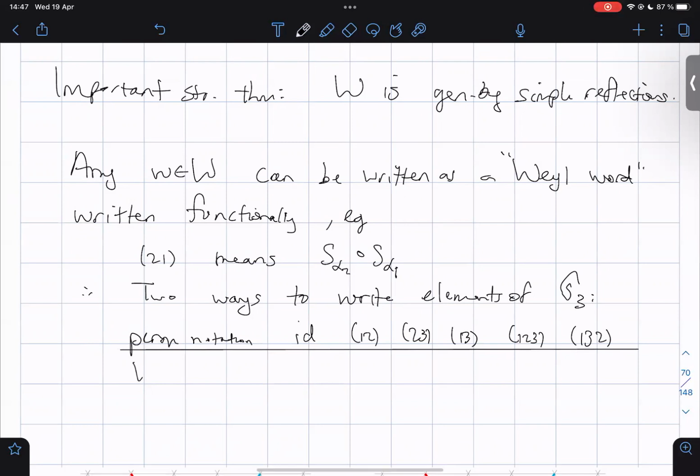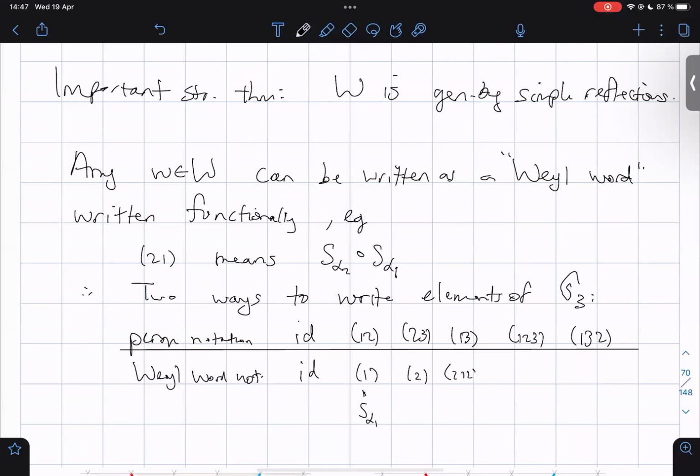And then Weyl word notation: identity, 1, which really means s_alpha1, 2.